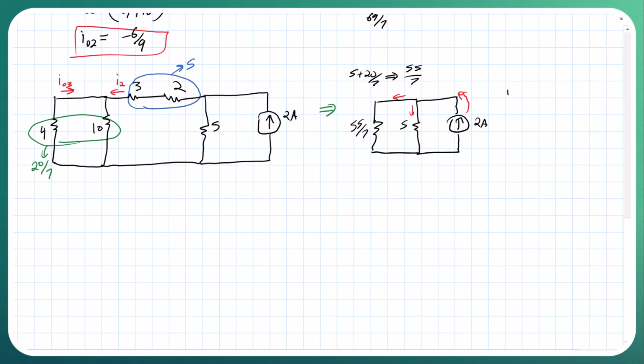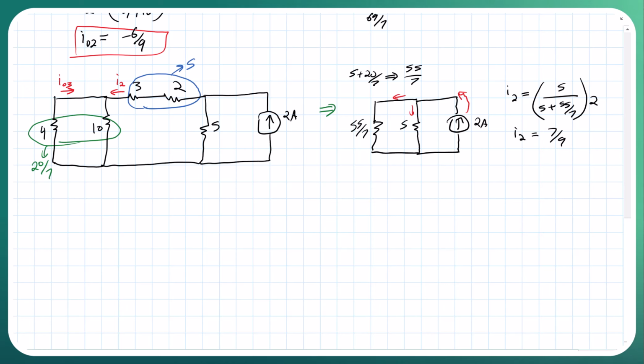I can do current division to solve for I2, and that's going to be 5 over 5 plus 55 over 7 times 2 amps. So that's going to give me I2 equals 7 over 9.